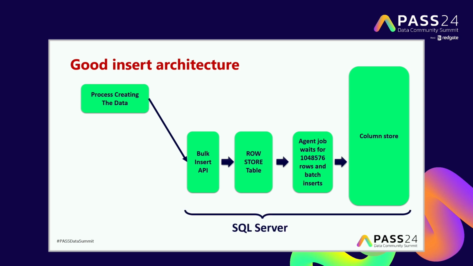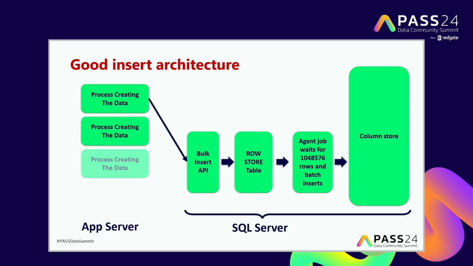And this also works pretty well when you have multiple application servers or multiple applications creating the same data. In our case, a lot of this data was logging data that for legal reasons we had to keep. So it came from various sources into the system.